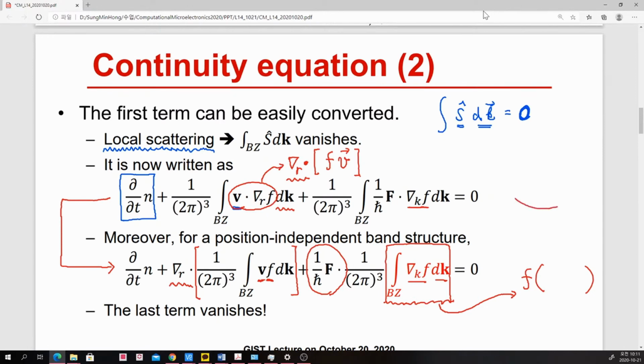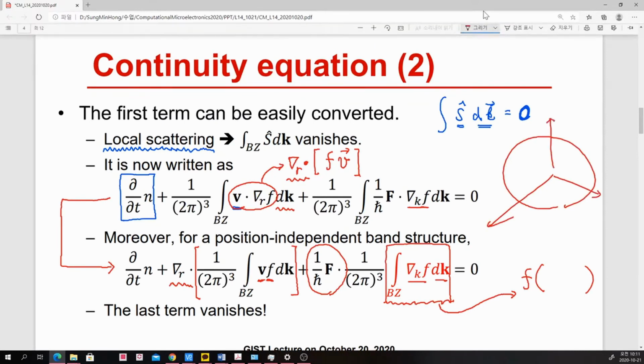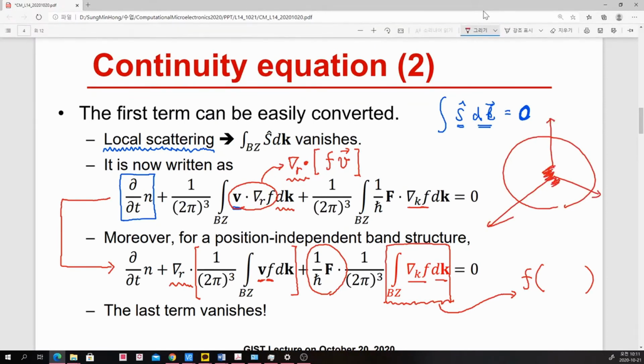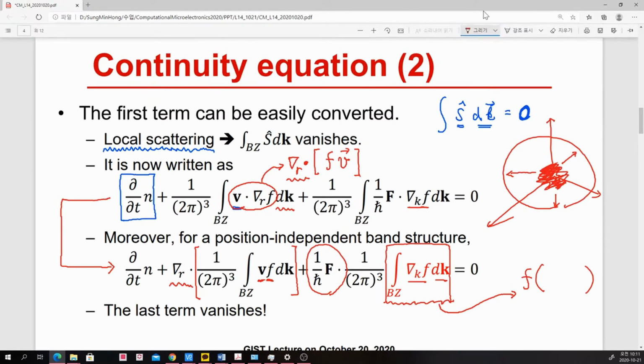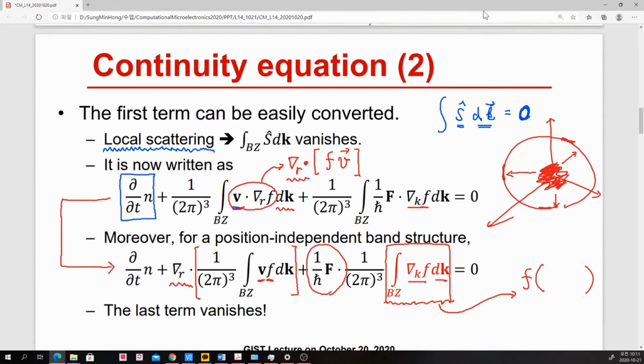So think about your K space and all your electrons are densely populated around the origin of your K space. And if you go to this or to that direction, your K value increases and your energy value also increases, and therefore these boundary points all correspond to extremely high energy positions.